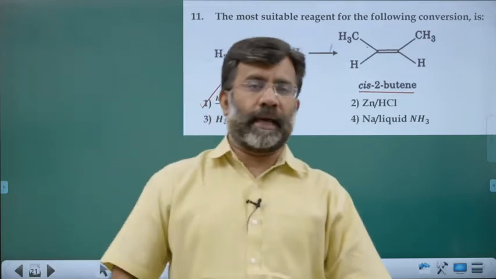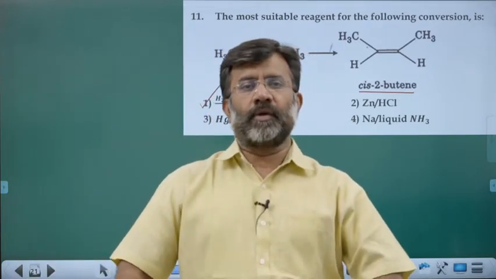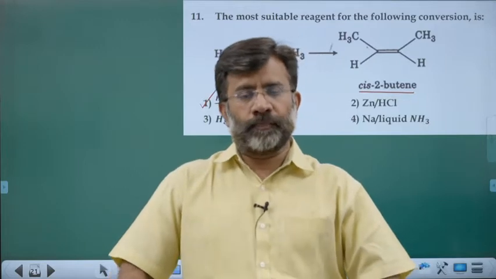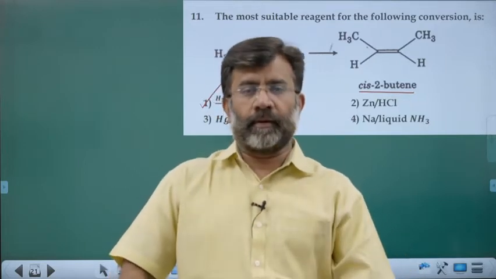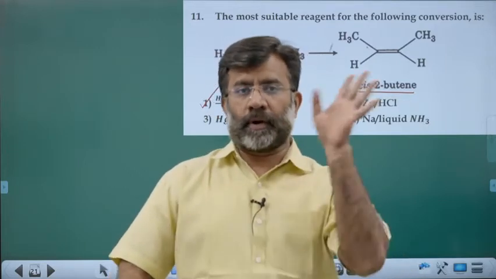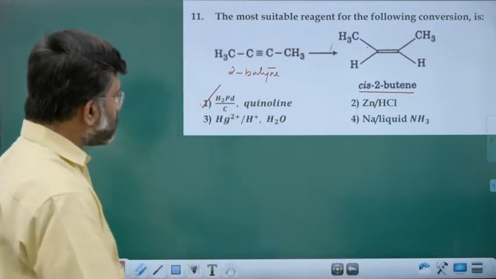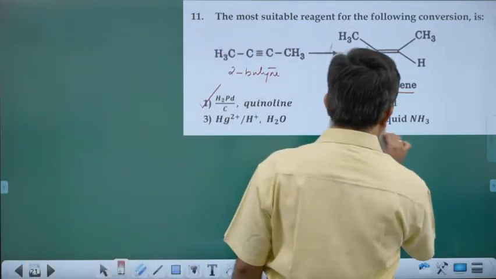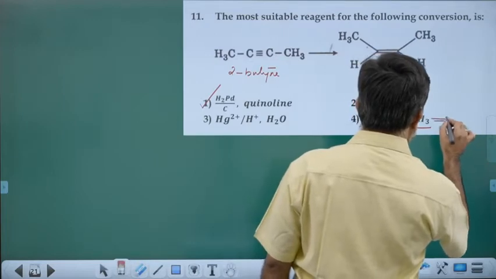Using Lindlar's catalyst, you will get a stereo controlled product. You can get 2-butene converted to the cis product, cis-2-butene. Suppose we are taking option A, you will get trans-2-butene.